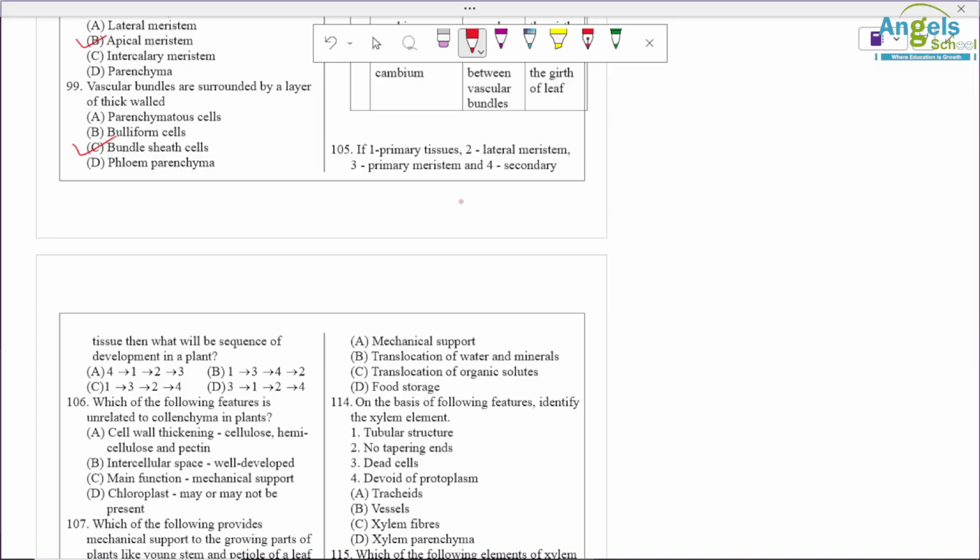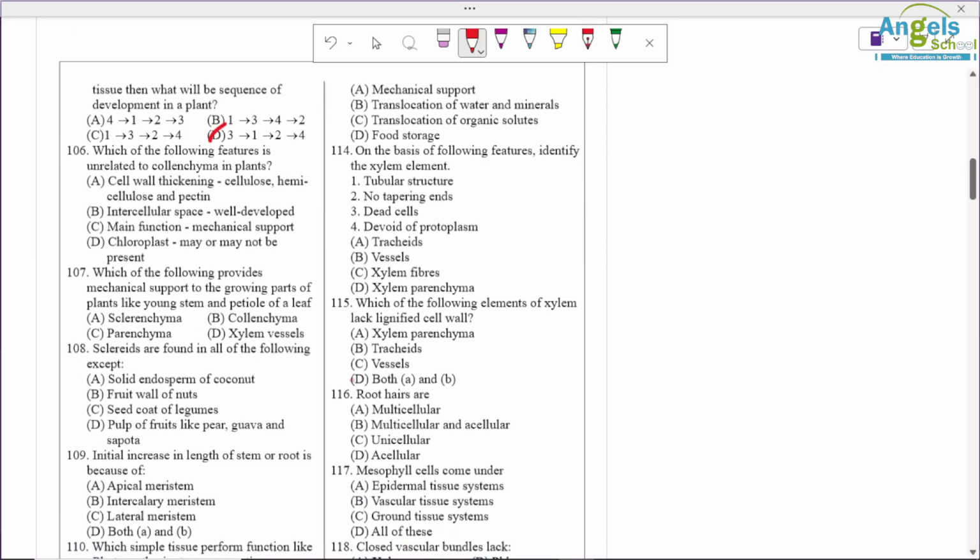So first is primary meristem, then it produces a primary tissue, meristematic cells form a tissue, then it forms a lateral meristem, and last option is secondary tissue. So 3, 1, 2 and 4 is correct sequence, so here D is correct option.